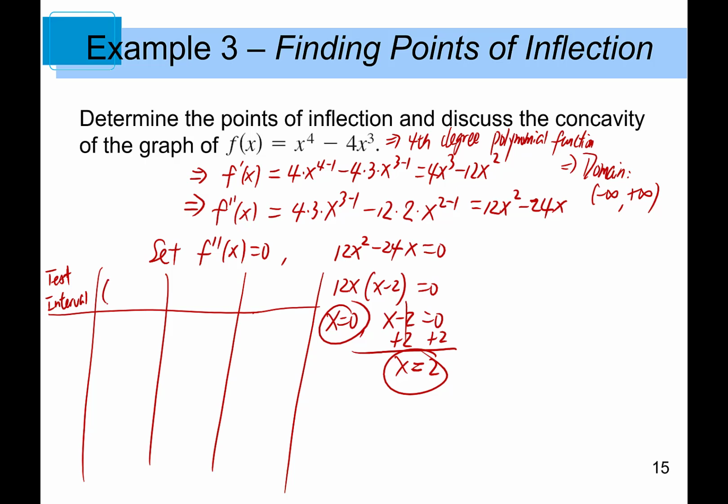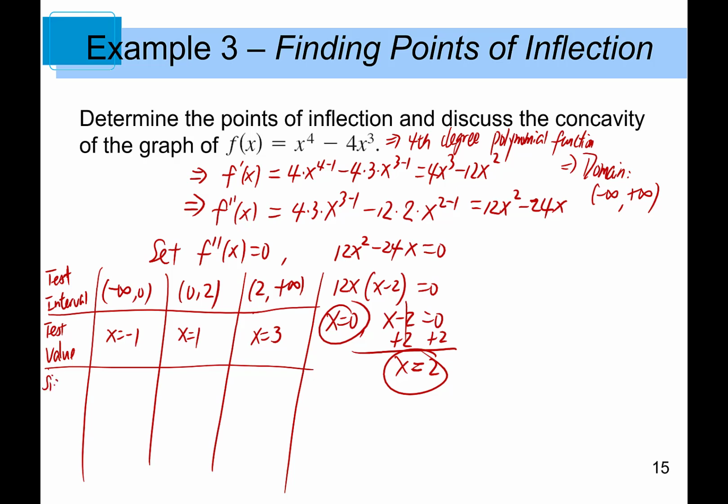The points 0 and 2 will separate the whole domain into 3 subintervals. The first is from negative infinity to 0, then 0 to 2, and from 2 to positive infinity. I'm going to pick a value from each interval. For the first interval we can pick negative 1, for the second interval 1, and for the third interval we pick 3.